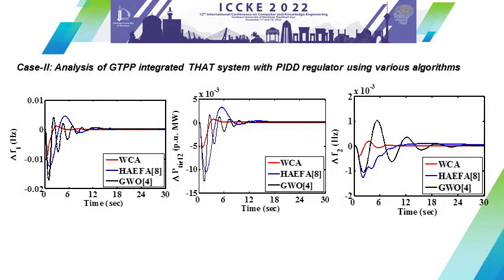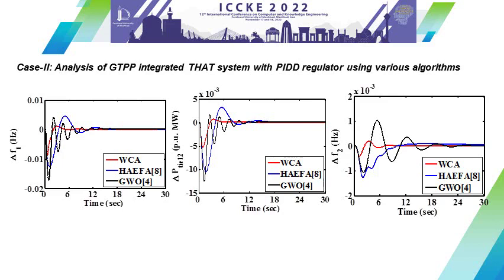Coming to case two: analysis of the GTPP integrated two-area hydrothermal system with PIDD regulator using various algorithms. These are the system dynamic behaviors for a step load perturbation of 10% on area 1. Here PIDD is employed as a secondary regulator in both areas of the two-area hydrothermal system with GTPP integration.